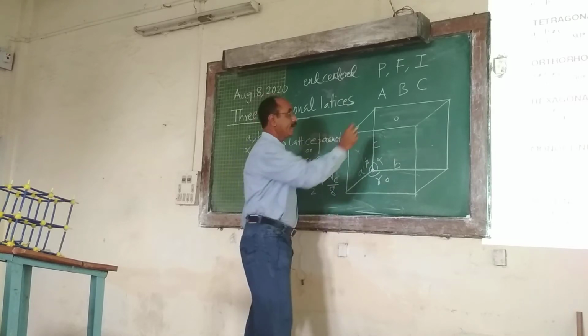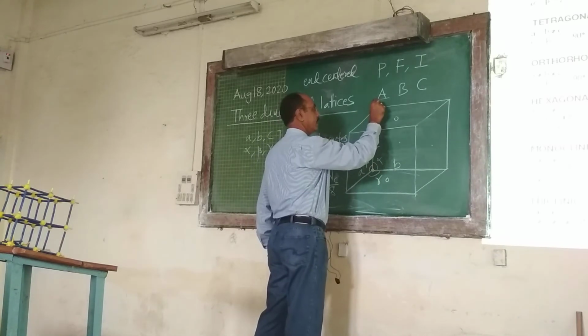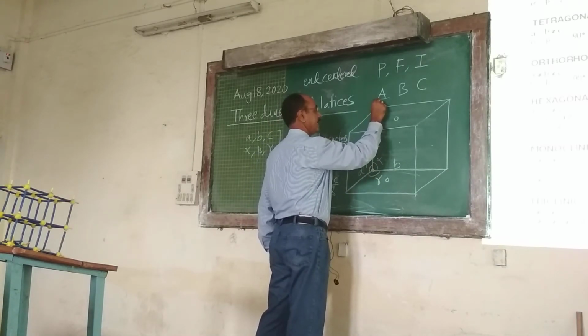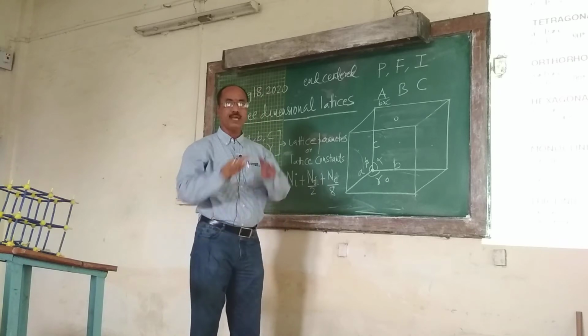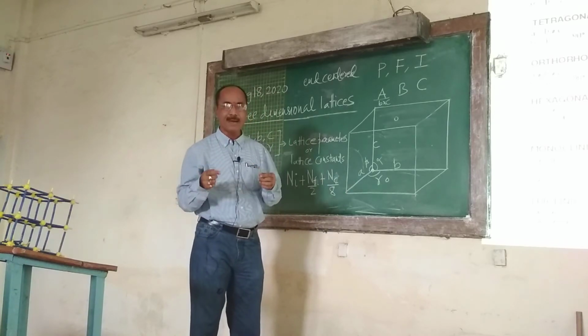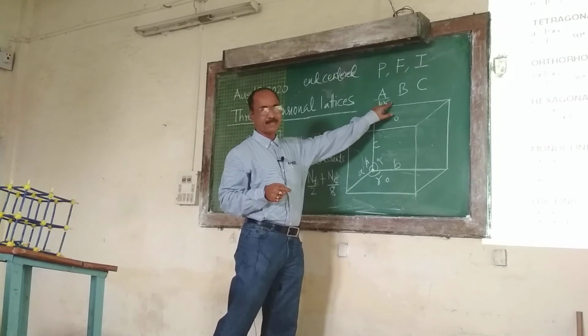The A-type end-centered unit cell contains a lattice point at the center of a face defined by crystallographic axes B and C.